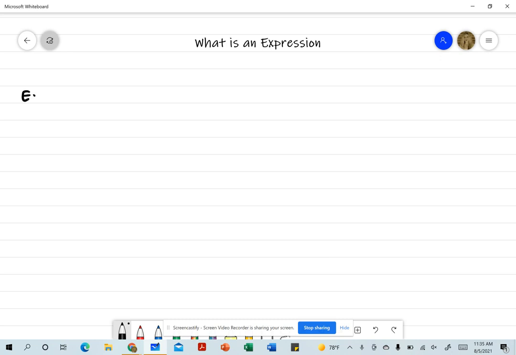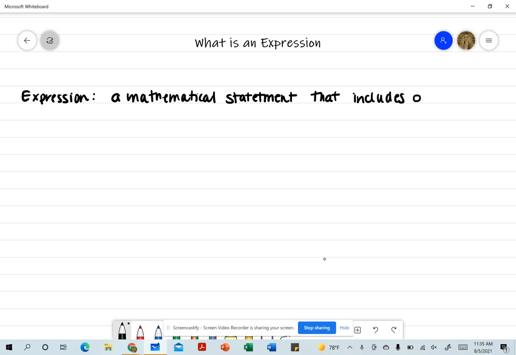So an expression, in Ms. K's terms, is a mathematical statement that includes operations and numbers. Now, it doesn't always have to include operations, but it can include operations.